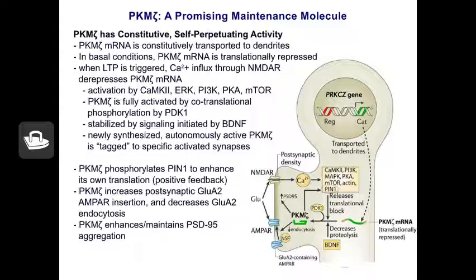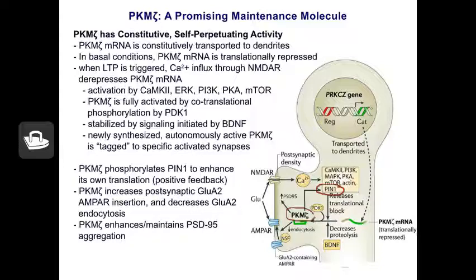Oh boy. So let's simplify things and just call it PIN1. So protein kinase M-zeta phosphorylates a protein known as PIN1.